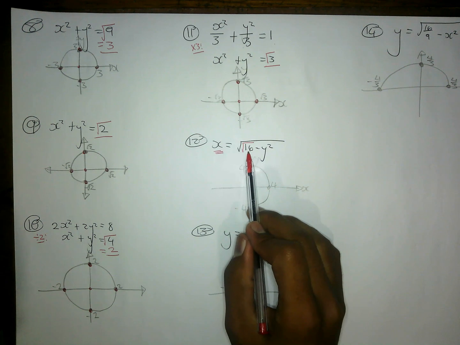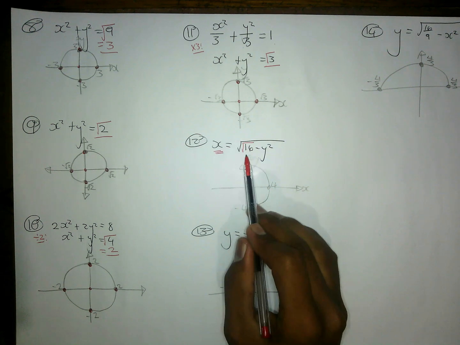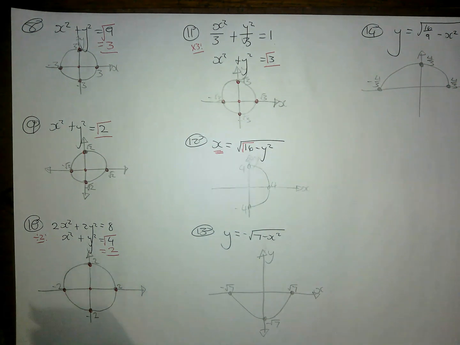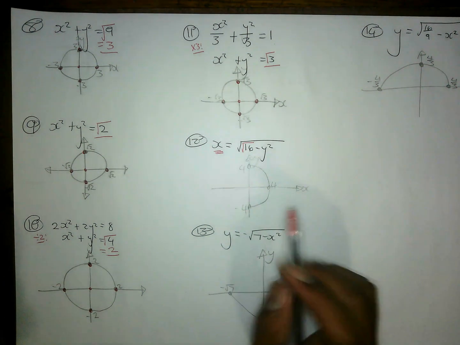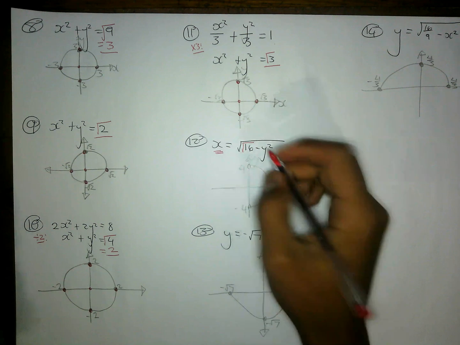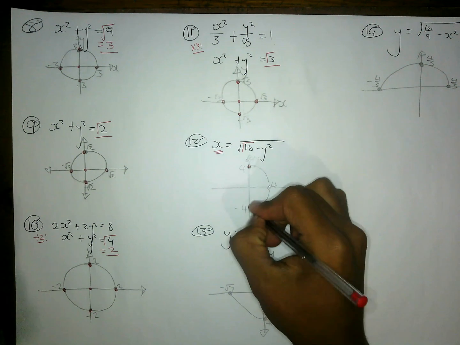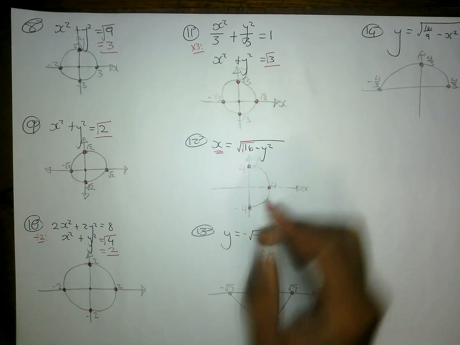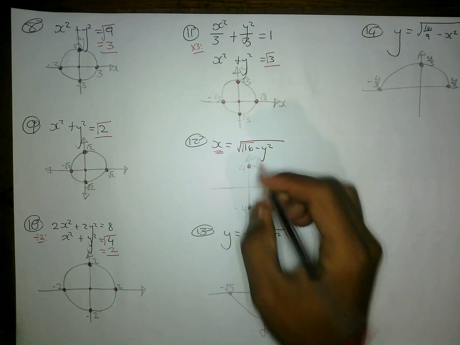The number is 16, so square root of 16 is 4, right? So we plot 4 and negative 4 from the origin.